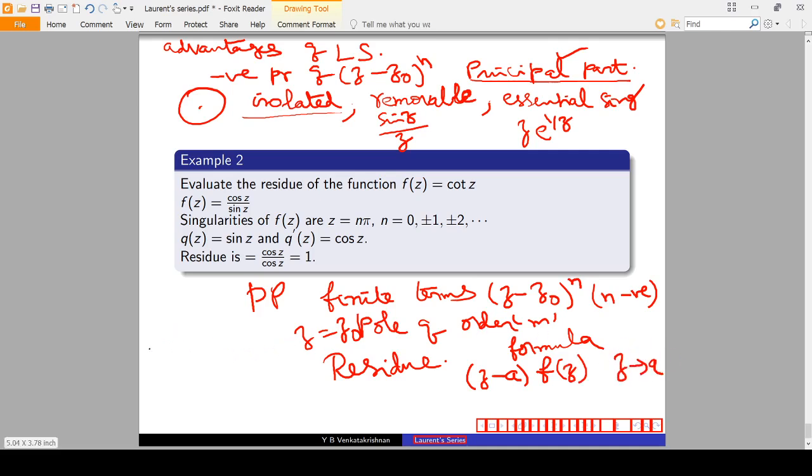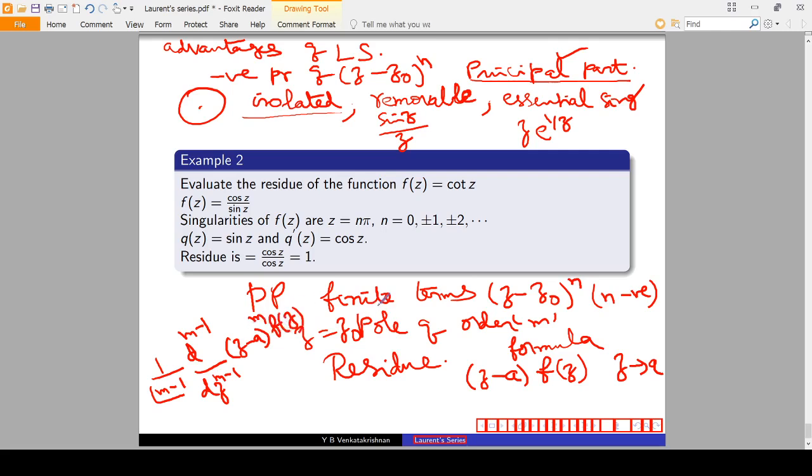If it is a pole of order m, then you have to use the formula 1 by factorial m minus 1, d power m minus 1 by dz power m minus 1 of z minus a whole power m into f of z.